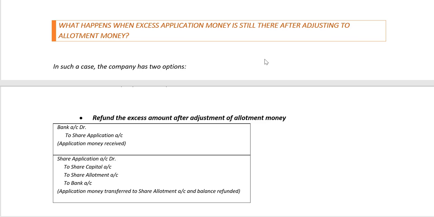The excess application money which is transferred to share allotment is to share allotment account, and since there is still some excess application money left, that will be refunded to bank account. Narration: application money transferred to share allotment account and the balance refunded. So this is one of the options that the company has. Let's understand the second option.